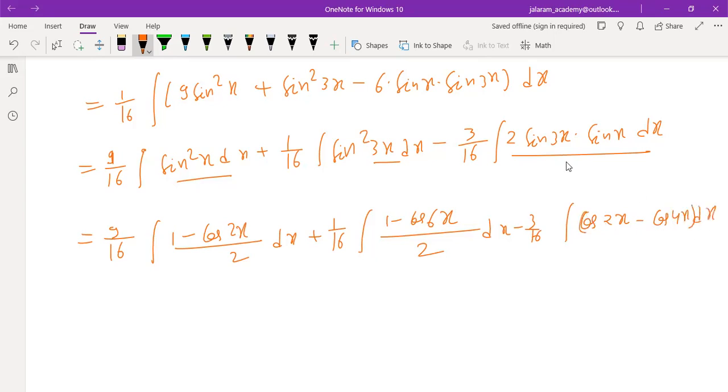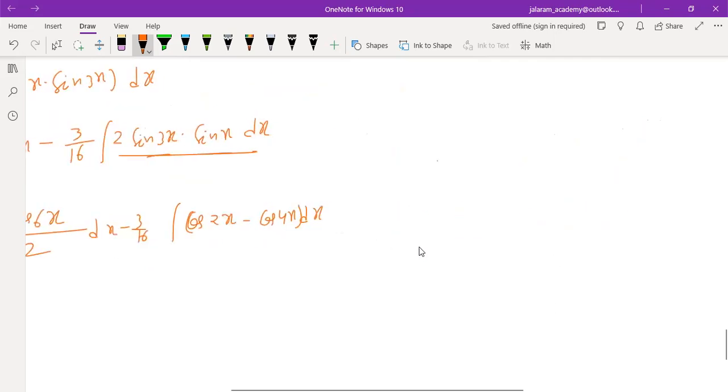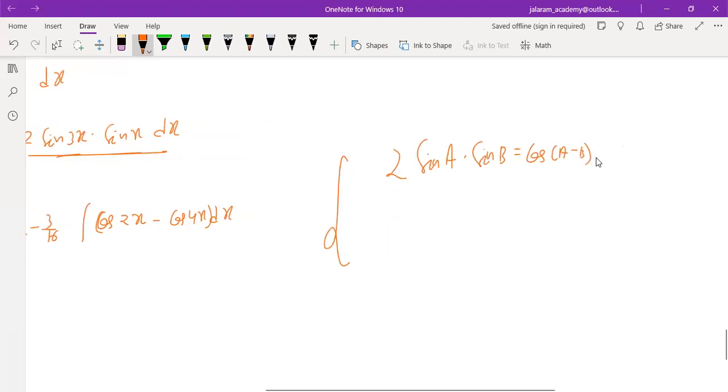Is that clear to you? 2 sine a sine b is cos a minus b minus cos a plus b. We all know that 2 sine a sine b equals cos a minus b minus cos a plus b. These formulas we have studied in previous classes.